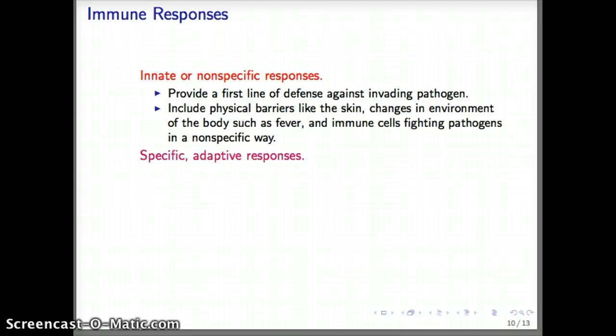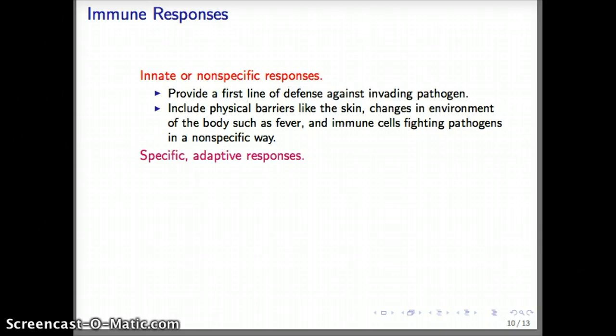These innate responses include barriers such as the skin, and this also includes immune cells fighting pathogens in a non-specific way. Whenever we develop a fever, our body is also following up with one of these innate responses.